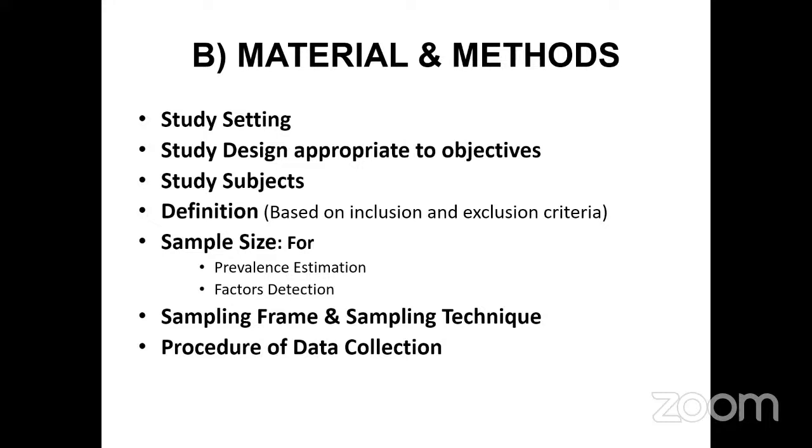And the procedure of data collection, you can start doing. I have shared a file on the questionnaire, and that file will tell you how to frame a question. You should have a minimum of three parts in the questionnaire. One is identification, name of the patient, etc., which you will not give to the statistician for the purpose of analysis. The second is basic data like age, gender, area, which you would use to remove confounding factors.